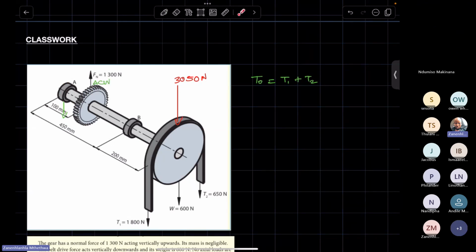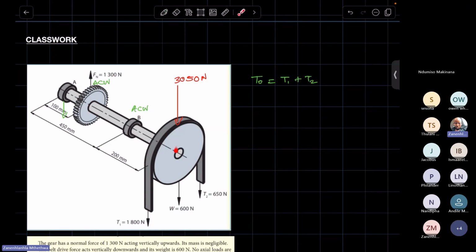And then we have the reaction at B. The reaction at B, we assume is pointing upwards, the same as we did with the reaction at A. So assuming that this is pointing upwards, it's going to have this turning effect towards A. Is this clockwise or anti-clockwise? Anti-clockwise.